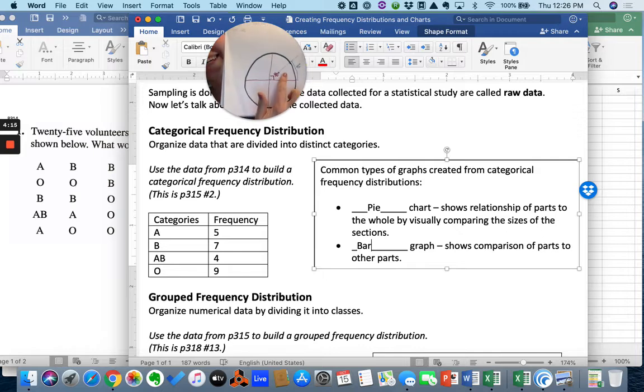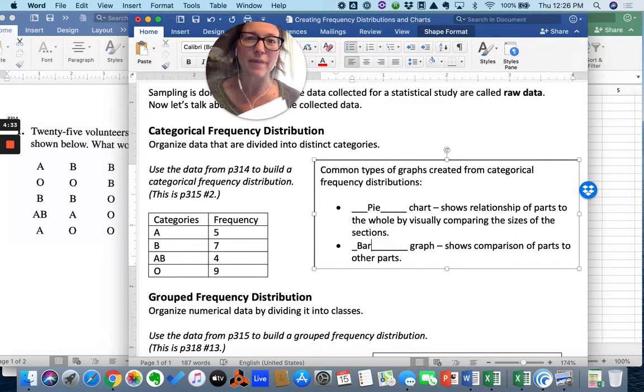There we go. It's hard to do from behind. Okay, then half of one of those fourths is 45 degrees. So as we're making our pieces of pie, we want to get the sizes right. It's 360 degrees all the way around.